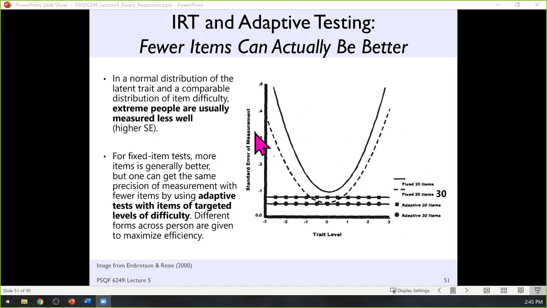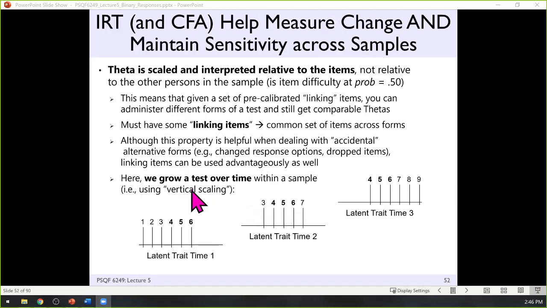And so this plot is the standard error of measurement for theta as a function of two different tests that she's comparing. The fixed test standard error is the lowest in the middle, where there's the most information in this example, and standard errors get really high on the outside. Whereas for an adaptive test, if you're able to pick only items that are relevant, you can maintain standard errors that are relatively flat, that are good across the trait. All right. So this idea that you don't necessarily need to give everyone every item, this is a really good thing.